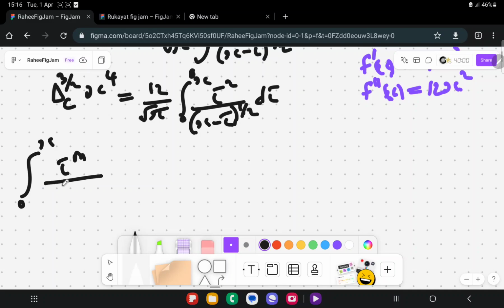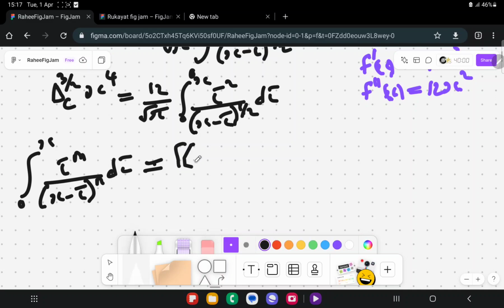Tau raised to power m all over x minus tau raised to power n, d tau. This is the same thing as, this is gamma rather.